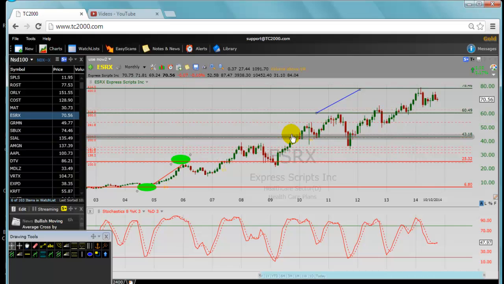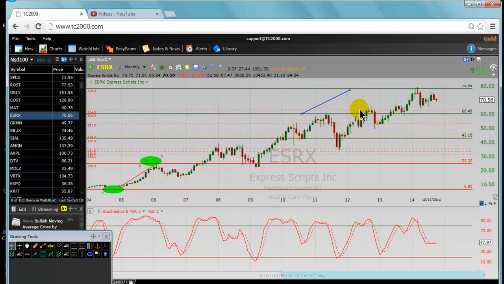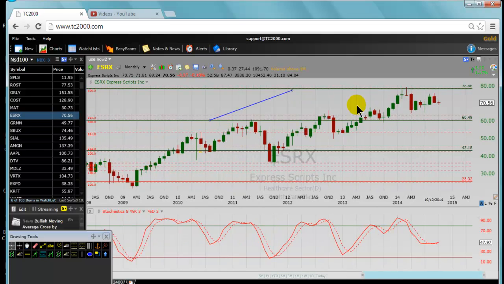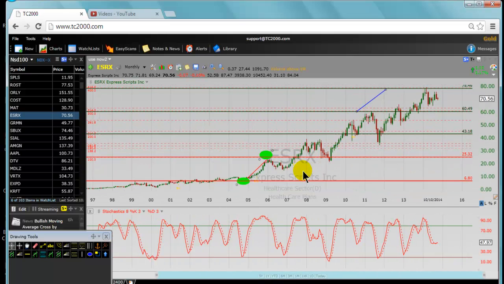So 214, 314, 414. You can see this stock here. The ultimate targets are the 200%, the 300%, and the 400% level. But you will see the stock will try to go above those levels a little bit, which brings us to 214, 314, 414.